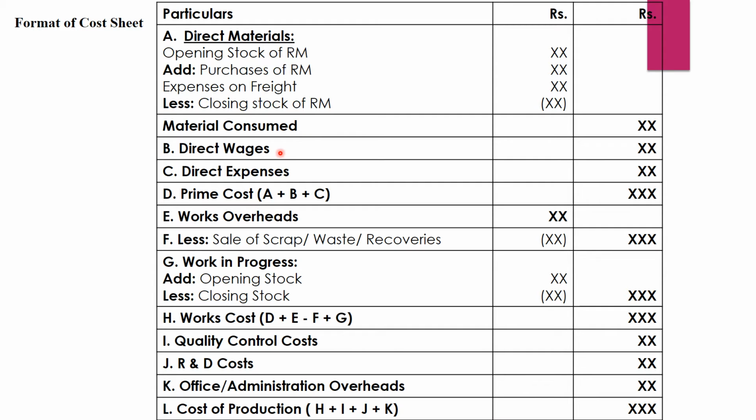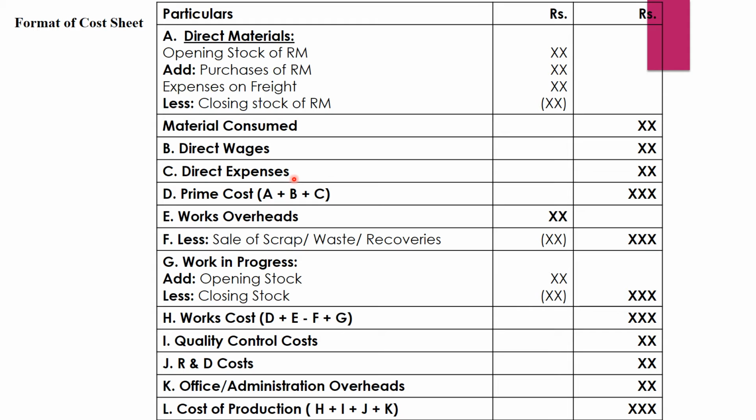The second heading over here is direct wages. In wages, there are a lot of different segregations, but we stick to only labor wages over here. We don't take employees' remuneration. The third item considered in cost sheet is direct expenses.